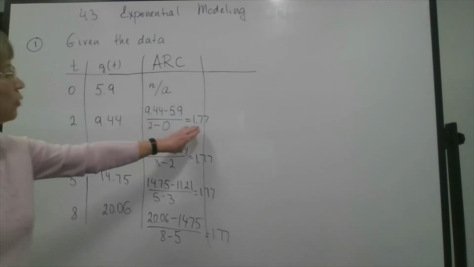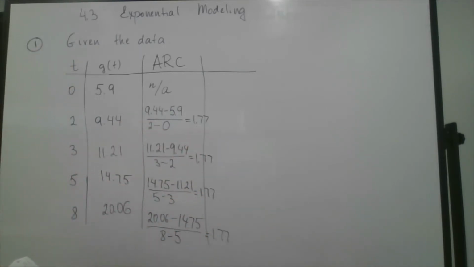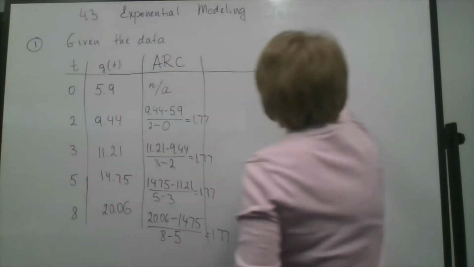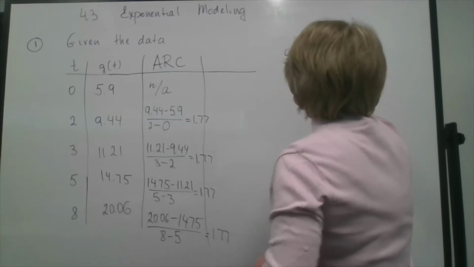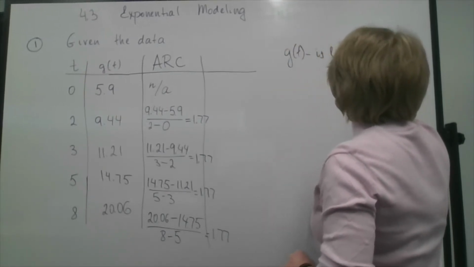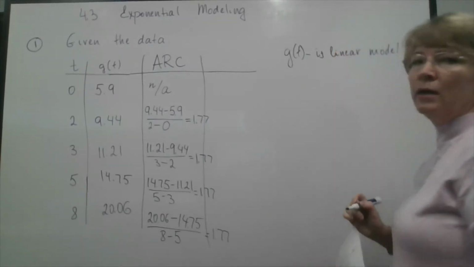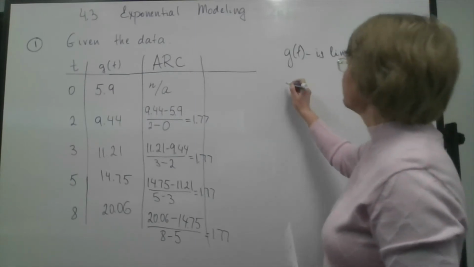We see that all the average rates of change are the same. What does it mean? The data is linear. So let's say g of t is a linear model. Let's find the equation.